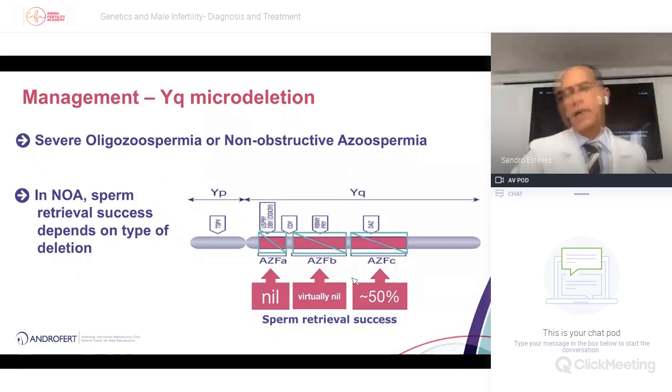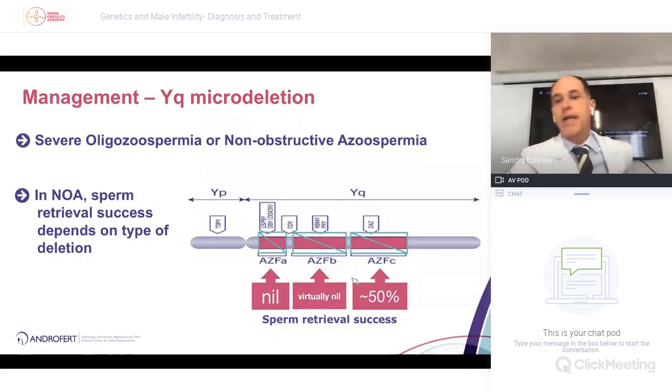We have had 2 couples in our clinic in which we found sperm in a man with AZFB partial deletions. So then we need to explore that panel in a different way. We need to use more primers.